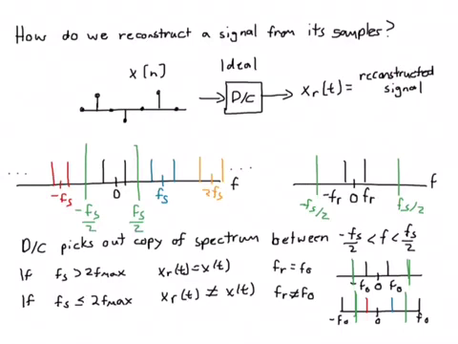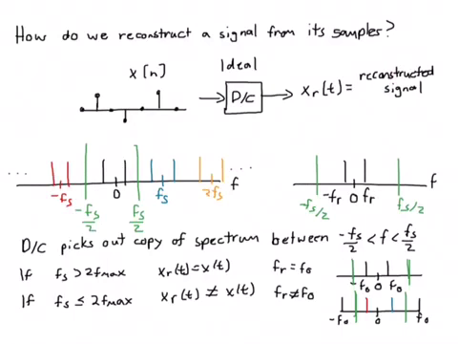If you'd like to think of it in terms of filtering, what it's doing is applying a low-pass filter that picks off this copy in the low frequency band between minus fs over 2 and plus fs over 2 and gets rid of all the other copies, which recreates a continuous signal.